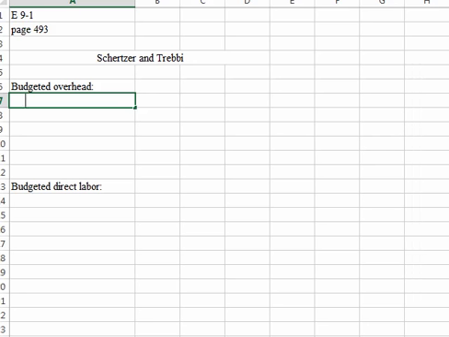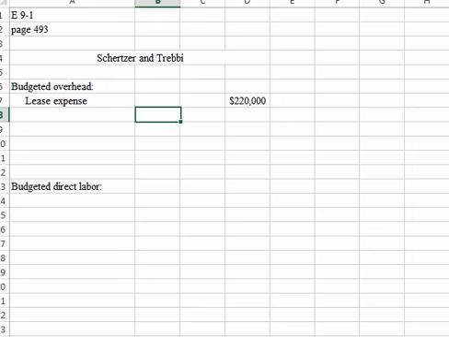We could go in order, greatest to least. Looks like lease expense is the largest, and that was $220,000. Then we've got fringe benefits, $150,000.